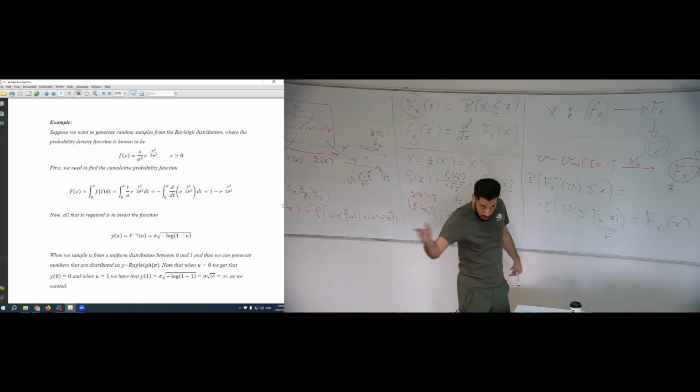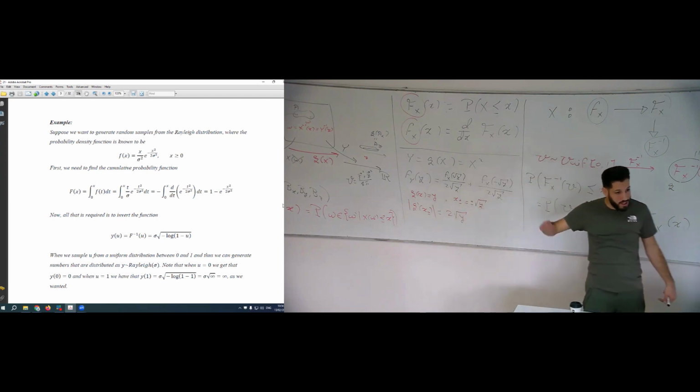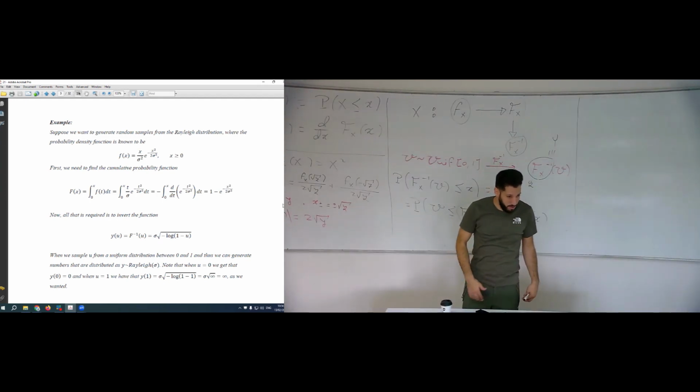So I get all values of x that x can have, and their density function is like the density function of x. The last x has to be the last u.